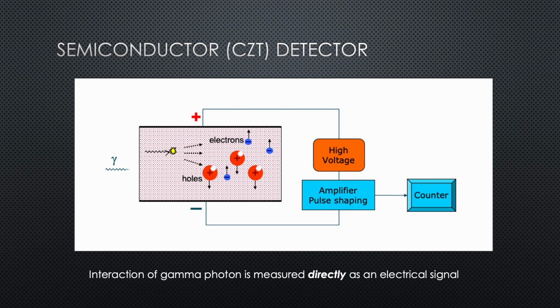This signal can then be processed and counted. A clear advantage here is that the radiation photon is measured directly as an electrical signal, unlike in a scintillation detector, where we go through several stages from the incident radiation photon to the electrical signal.